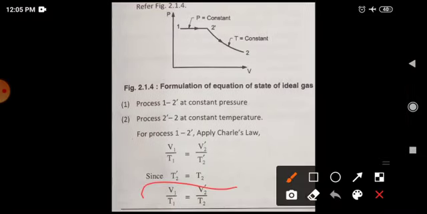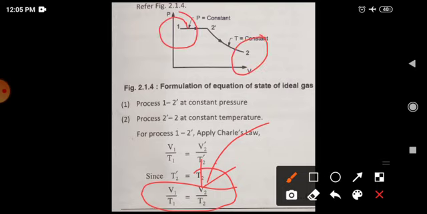This is equation 1. You can see over here, we just have to replace this V2. We are just going to consider the process at 1 and 2. We are not interested in the intermediate process or intermediate state.